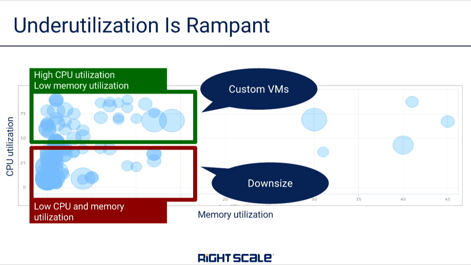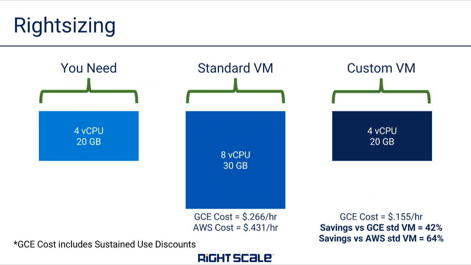But more importantly, when we're talking about custom machine types, in the upper left, that's an example of VMs where the CPU utilization is pretty reasonably high, but not the memory. So you might want to dial in a custom machine type that lowered the memory requirement. Same applies in the lower right, just the converse, high memory utilization, low CPU.